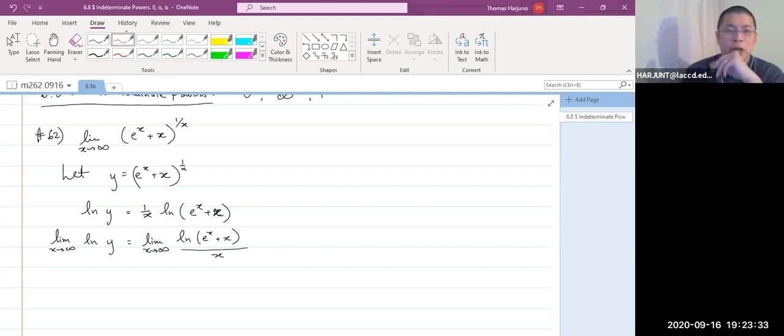You will see when x goes to infinity, this will be infinity over infinity case. So I apply L'Hopital rule.